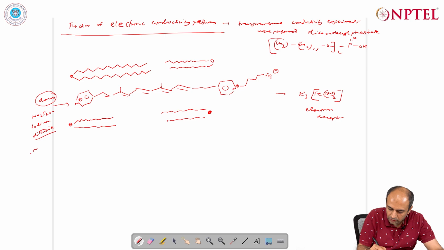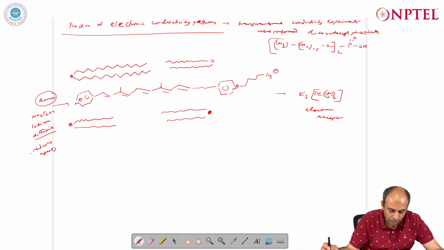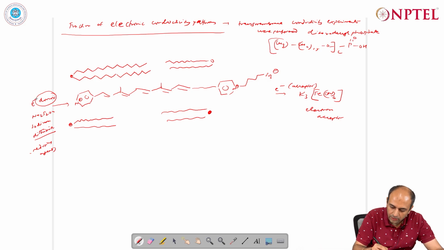So, this functions as a reducing agent and therefore it will get oxidized, and this is the acceptor because it is going to accept the electrons. So, this is the electron acceptor and this is the electron donor.